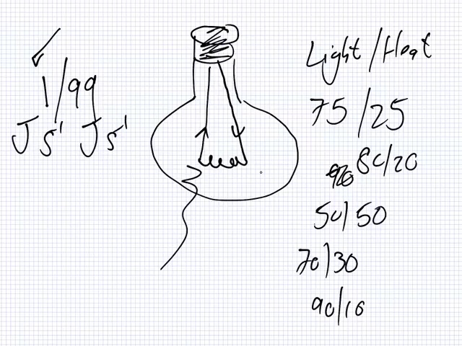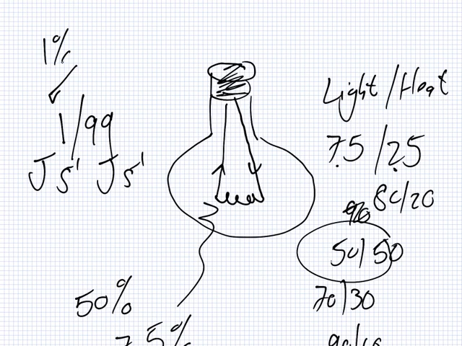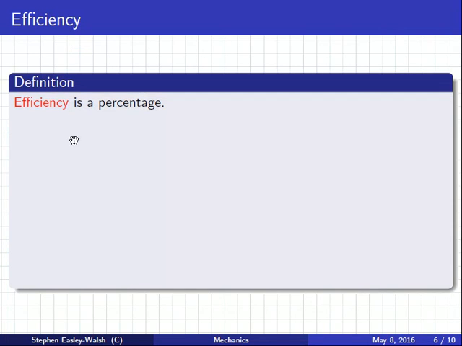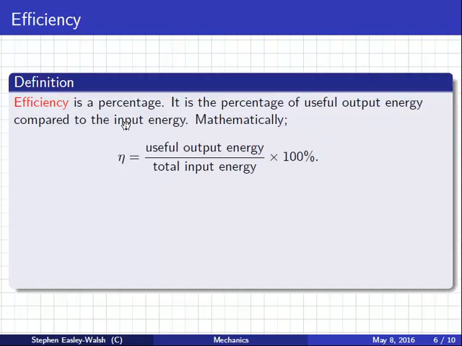When he said 50-50, he's saying 50% of the energy is useful. When you say 75-25, you're saying 75% is useful. But really, how much is useful? Only 1%. So efficiency is the percentage of useful energy compared to the input. As a formula, efficiency is useful over total times 100%.